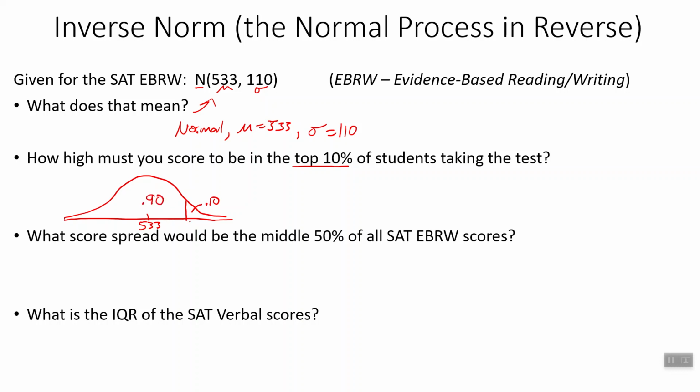Remember, these two always have to add up to 1, and we are trying to find that x value right there. So that x value will equal the inverse norm of, let's see, and the area that we're going to do is the area to the left. So area left is 0.90, and then our mean is 533, and our standard deviation is 110, and we're going to throw that in our calculator.